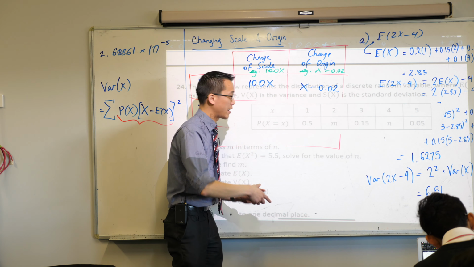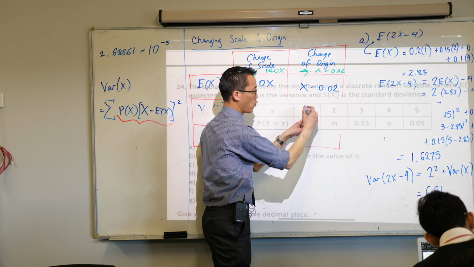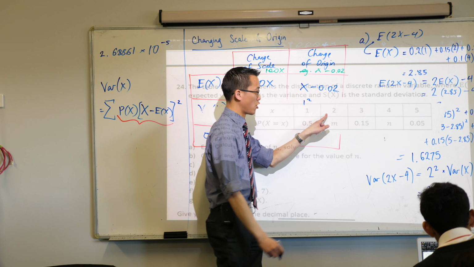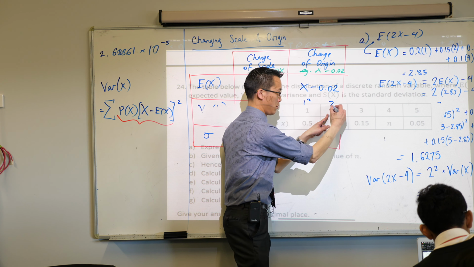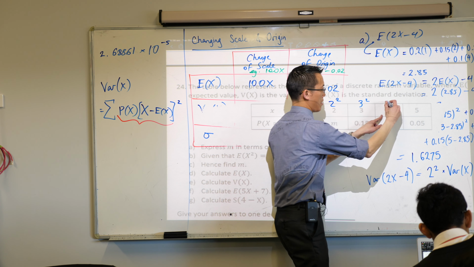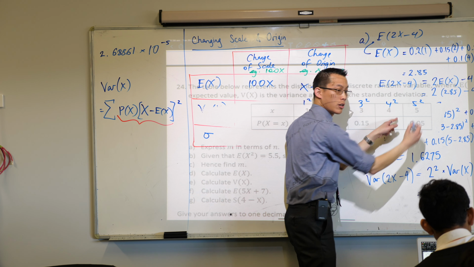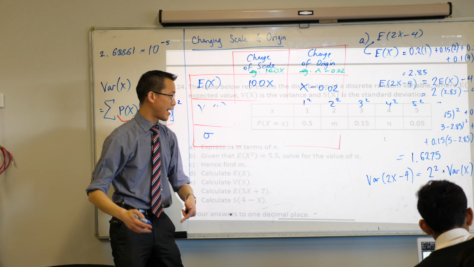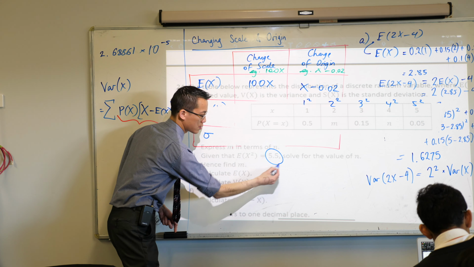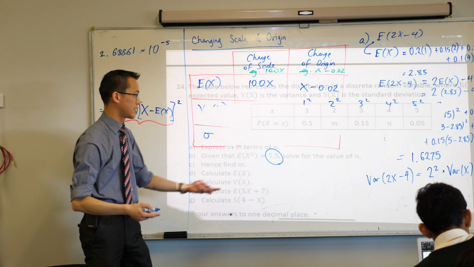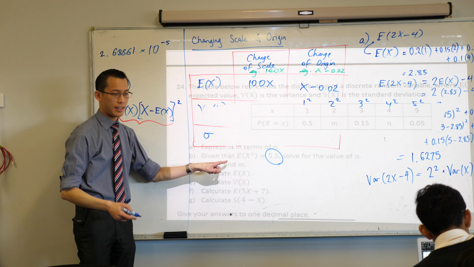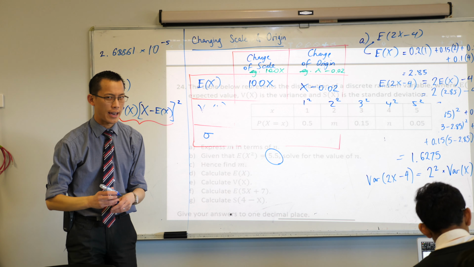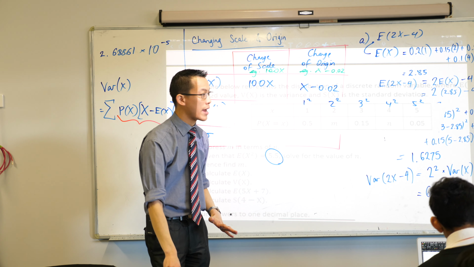So when you do the calculation, you're not going to put in 1, you're going to put in 1 squared. You're not going to put in 2, you're going to put in 2 squared, and 3 squared, and 4 squared, and so on. Go ahead and work out your expected value, but you know what the answer is supposed to be. So you can use that to calculate n, and then calculate m. See how far you can get with that nudge in the right direction.